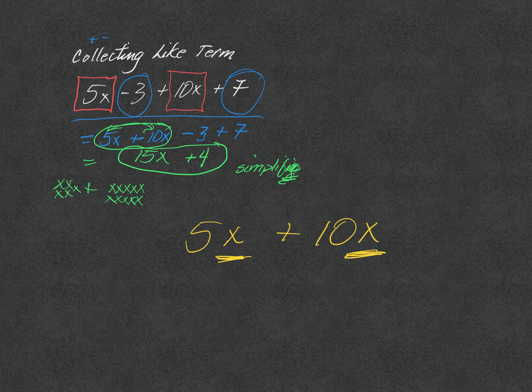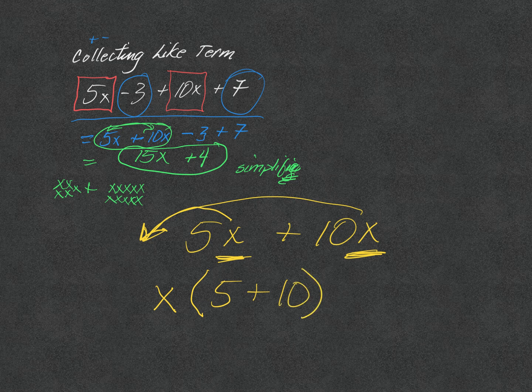So we're going to undo the distributive property. We're going to pull the x's out, factor it. So we're going to put x times 5 plus 10, and that is x times 15. And by the commutative property, I can write that as 15x.